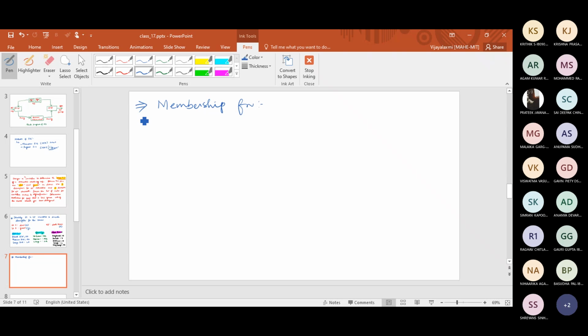First let me consider the first input variable, dirt, that is X. I'll write the triangular membership function with membership mu of x.